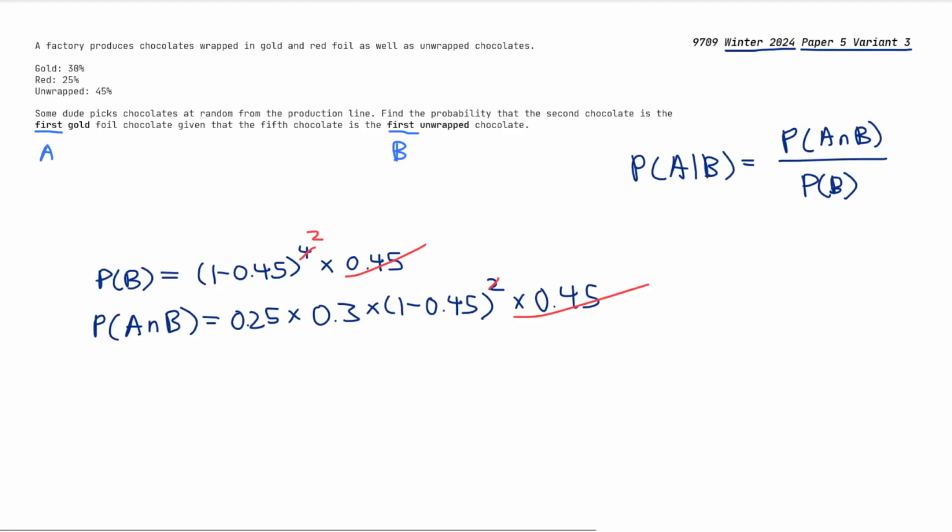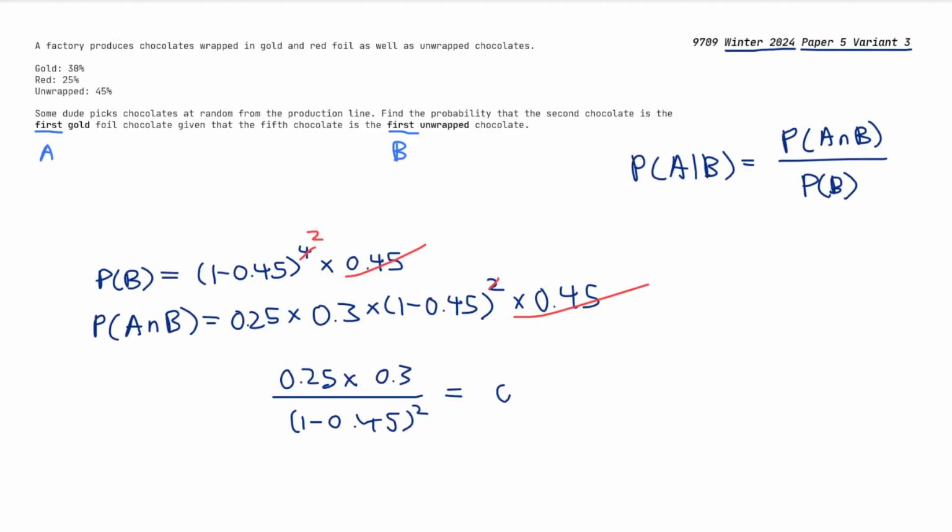So if we put this into a fraction, you'll notice that the 4 and 2 here cancel, and these also cancel, and we're left with 0.25 times 0.3 all over 1 minus 0.45 squared. And this is equal to 0.248.